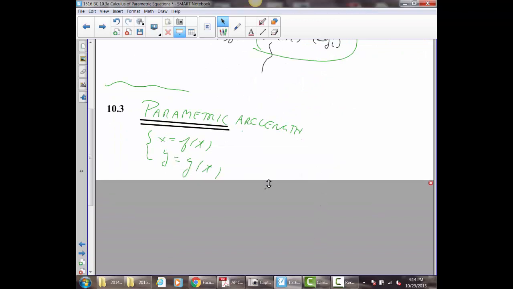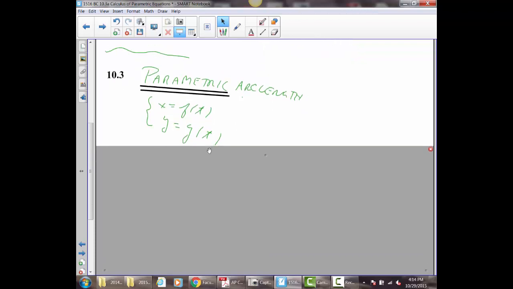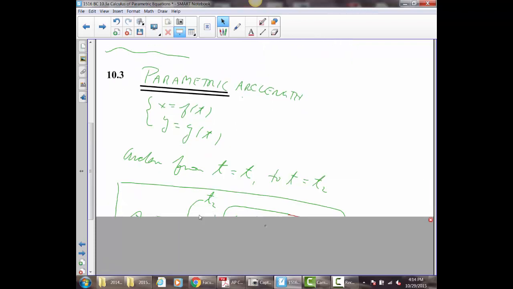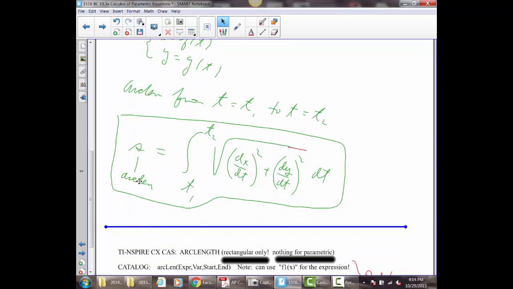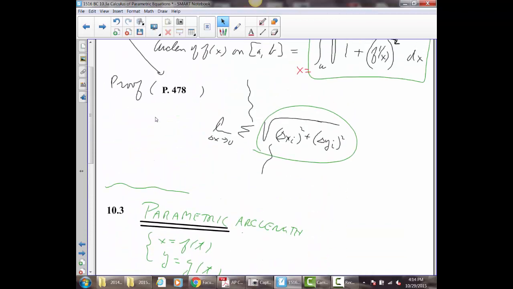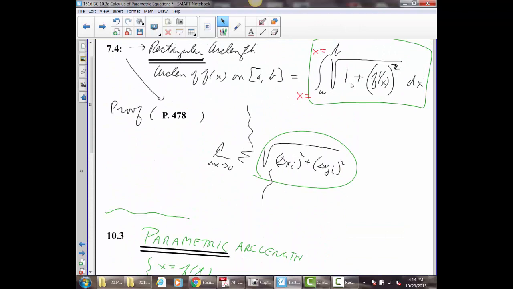So parametric arc length: x equals f of t, y equals g of t, a set of parametric equations, and they want the arc length from t equals t1 to t equals t2. It's a slight adjustment to the formula. It's still arc length, going from t1 to t2. Remember, our arc length was the square root of 1 plus the square of the derivative.